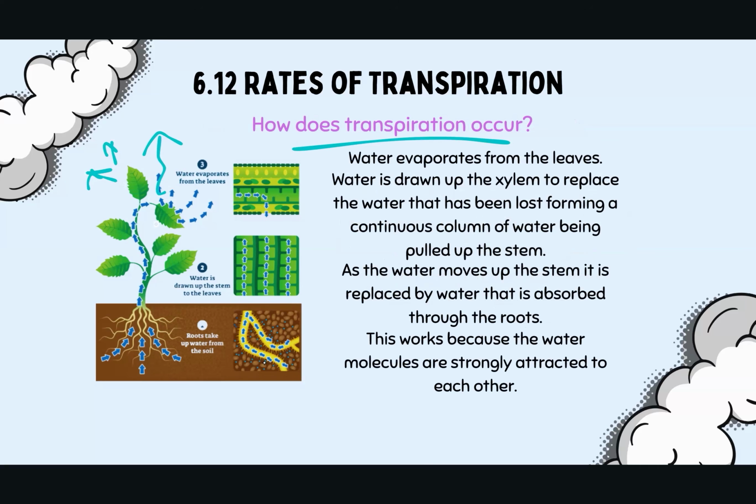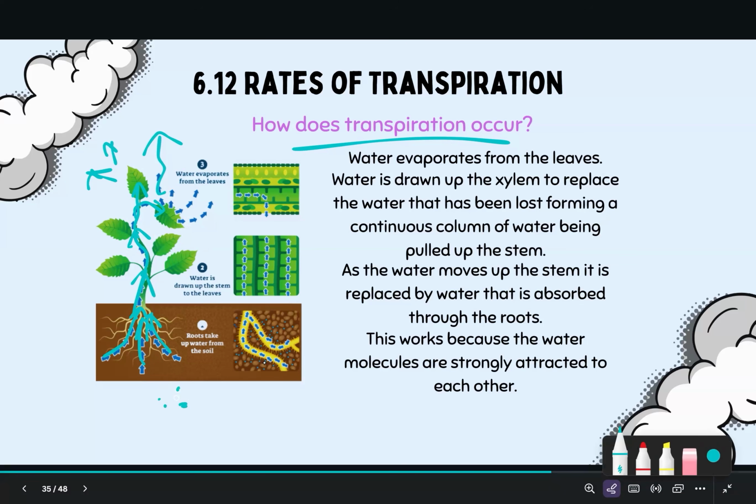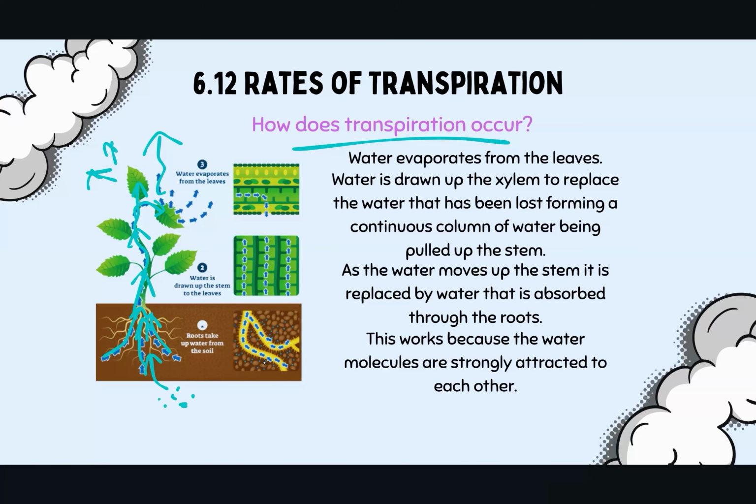So that means water from the stem enters the leaves to replace the lost water. And then we have osmosis, water osmotically entering the roots as well. So you have a continuous transpiration stream.